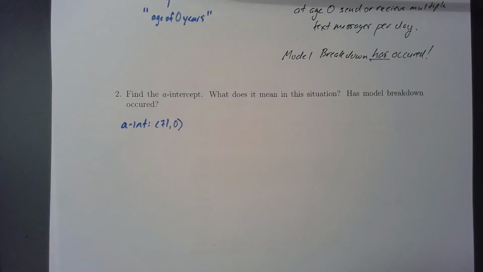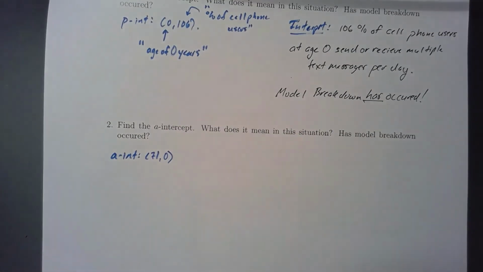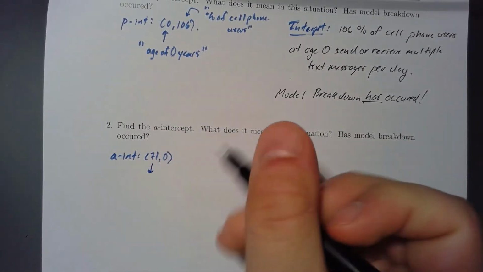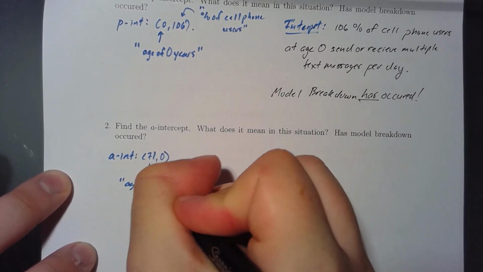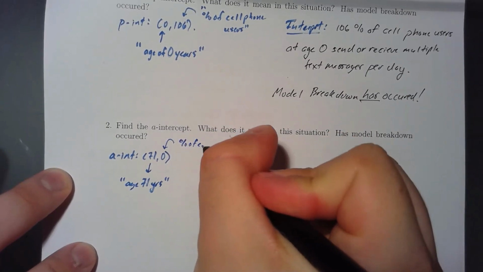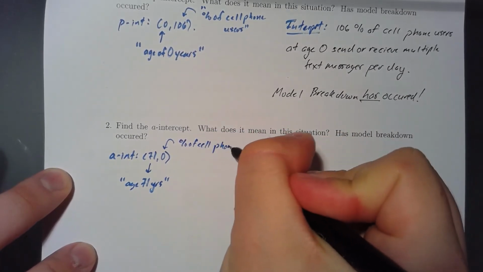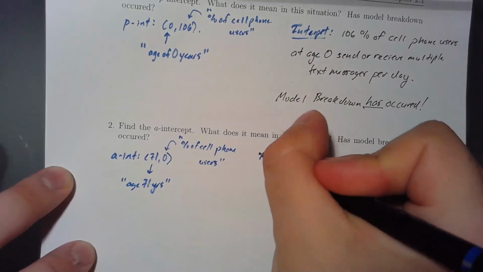So find the a-intercept. What does it mean in this situation? Has model breakdown occurred? Well, let's figure out what this means first. So this is the age. That's age 71 years. And this right here is the percentage of cell phone users. So let's interpret it.